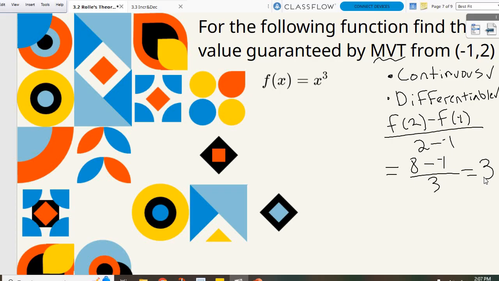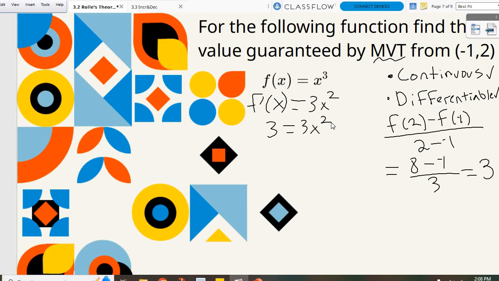What's our other about? What's the other thing that we need? Instantaneous rate of change. So that's going to be our derivative. What is our derivative? Okay. And we want our derivative to equal what? 3. Okay.